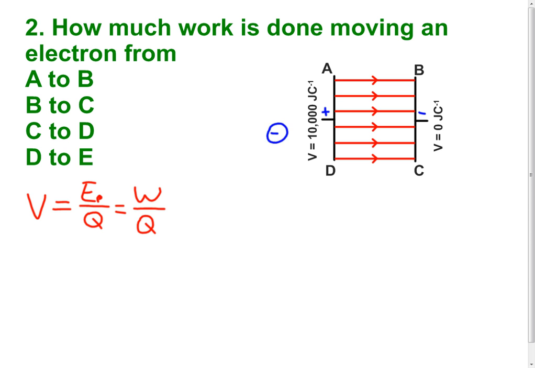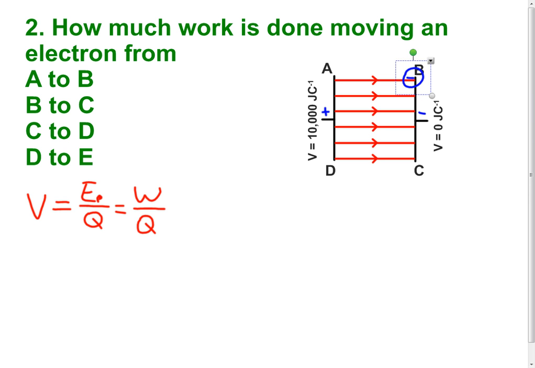So, firstly we've got to decide if any work's going to be done at all. And in this case, moving from A to B, it looks like work is going to be done. And not only is work going to be done, but it's going to be done by us, because we're having to move this electron towards the negative and away from the positive.